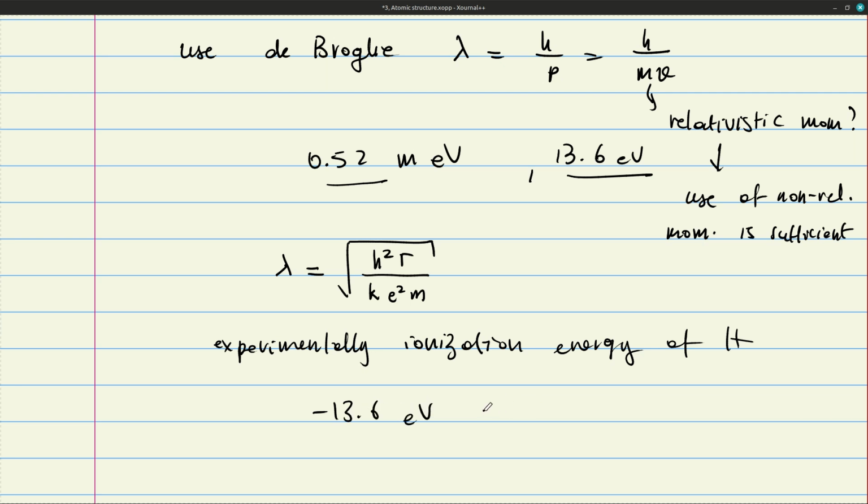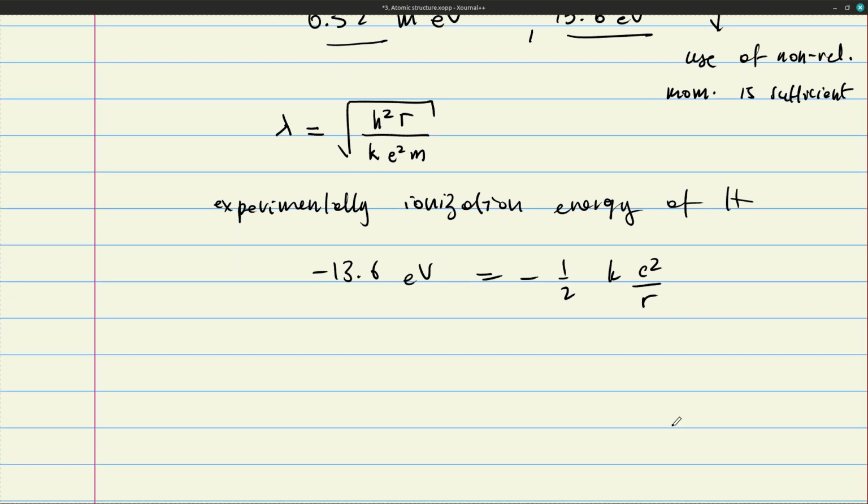If you equate this to the energy we found, 1/2 k e squared over r, where k is a constant of nature and e is the electron charge, you can solve this equation for r. That's the only unknown here. You are going to find r is equal to 5.3 times 10 to the minus 11 meters. That's the radius of the electron orbit, which is known as the Bohr radius.